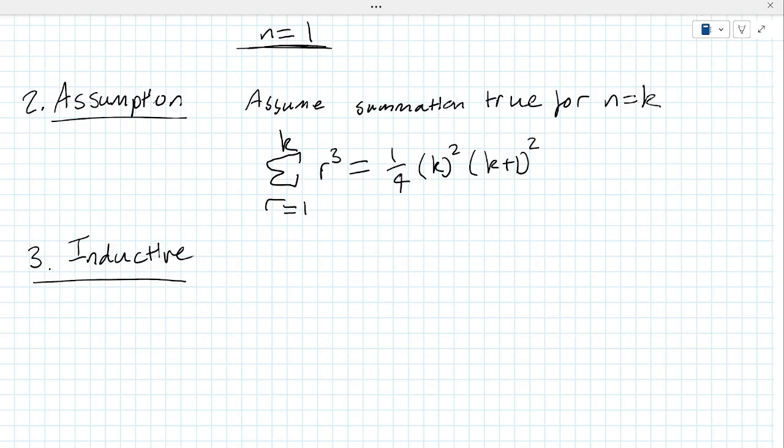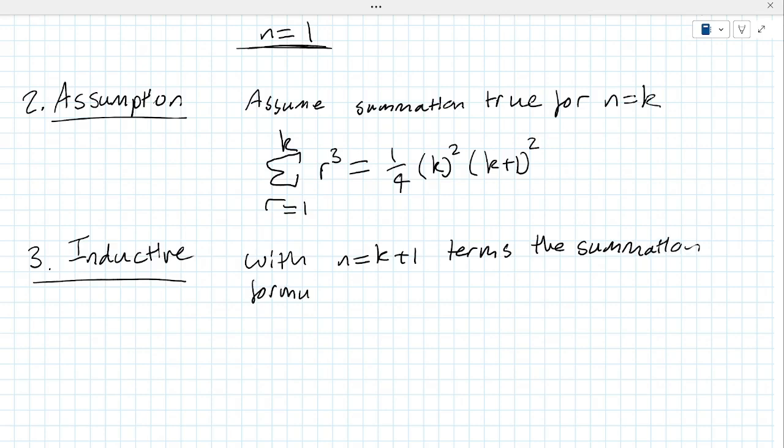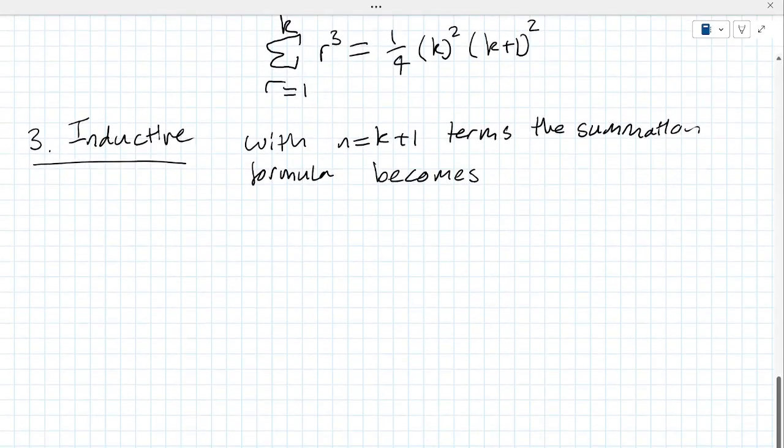So then what I would write is, with n equals k plus 1 terms, the summation formula becomes, and then I would substitute n equals k plus 1 into our equation, but I would only substitute it into the left hand side because that's basically all you need to know.